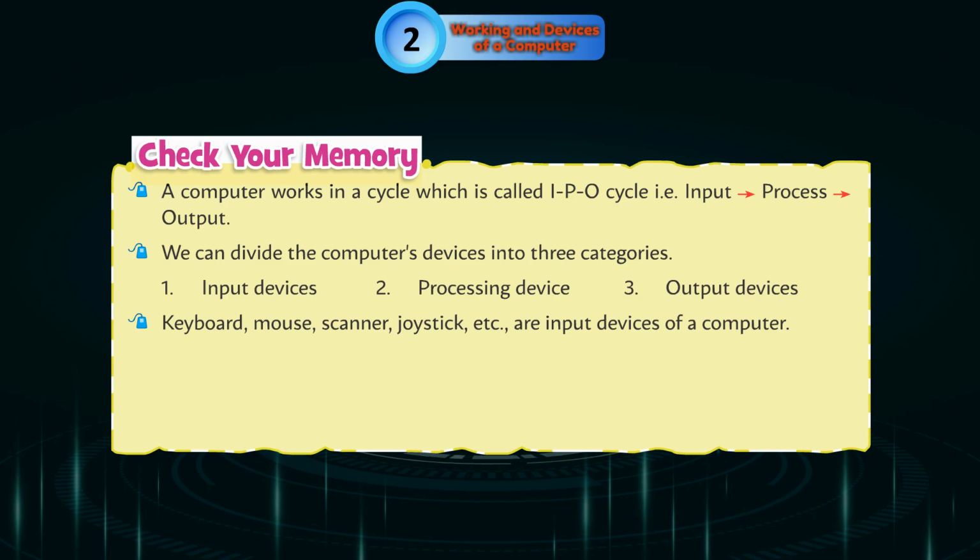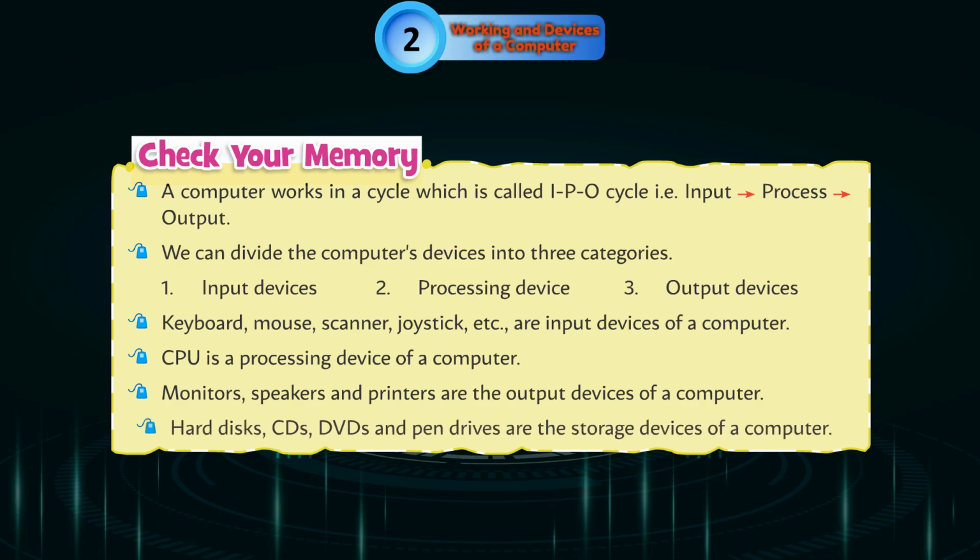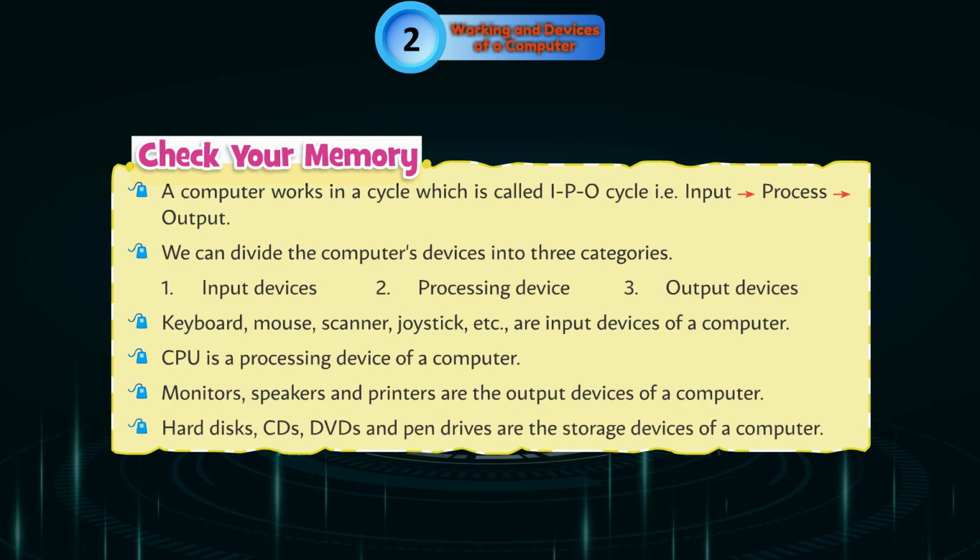Keyboard, mouse, scanner, joystick, etc. are input devices of a computer. CPU is a processing device of a computer. Monitors, speakers, and printers are the output devices of a computer. Hard disks, CDs, DVDs, and pen drives are the storage devices of a computer.